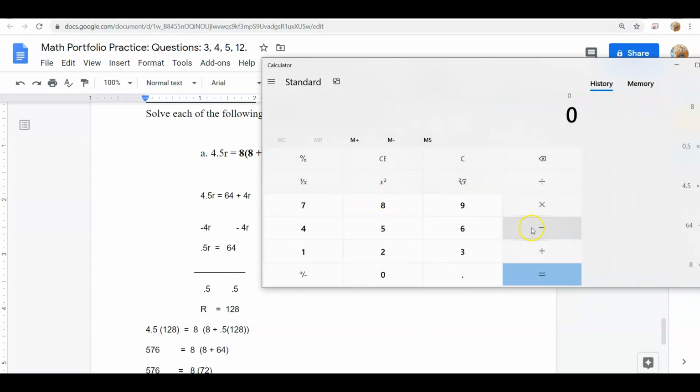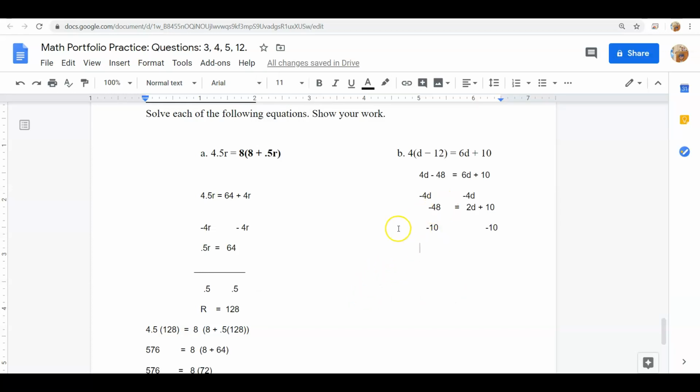So we have negative 48 minus 10. That's negative 58. So negative 48 minus 10 is negative 58. Remember, when we're working with negatives, you got to apply the negative sign.